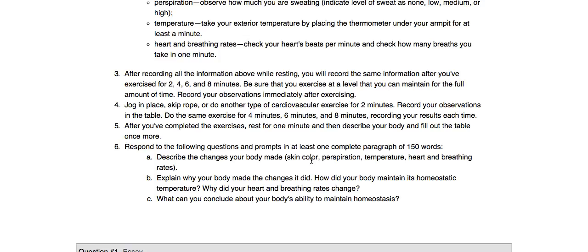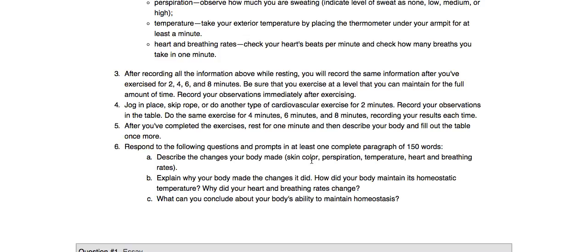what can you conclude about your body's ability to maintain homeostasis? And really, this question is based on your exercise. Based on your levels of sweating, your levels of breathing, the color of your skin and your perspiration and so on, can you conclude that your body was able to maintain homeostasis?